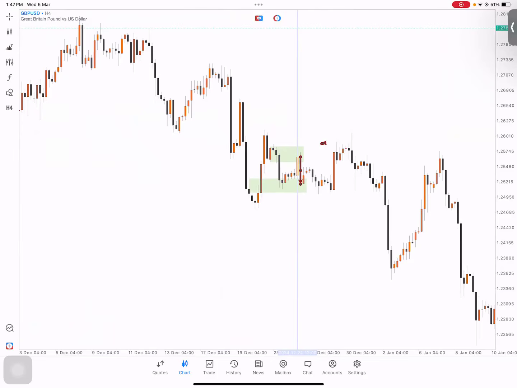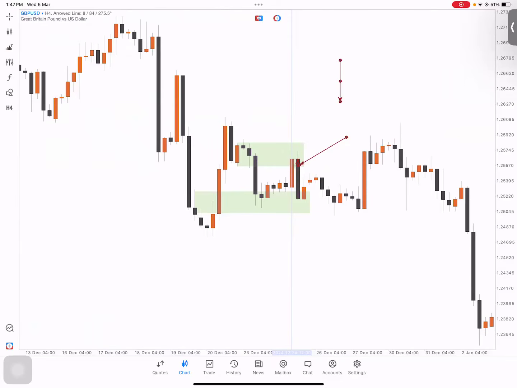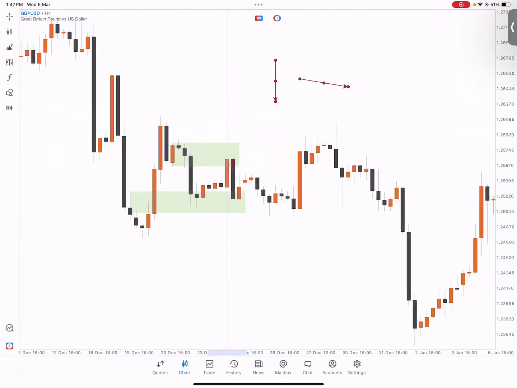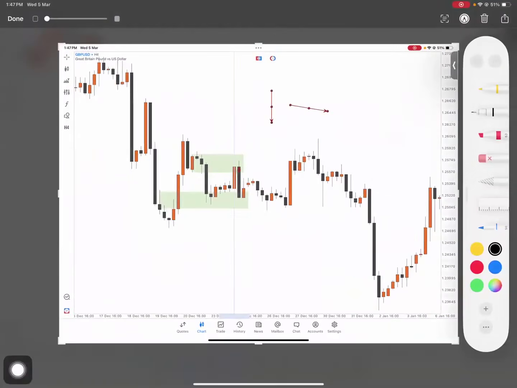How do I determine whether the structure is good or not? By the sideways. The bigger the sideways, the further price can go. With a small sideways, price can only go to here. I will draw it for you to understand better. In this setup, here and here, this is a sideways, the smiley face, but price can only melt until here.